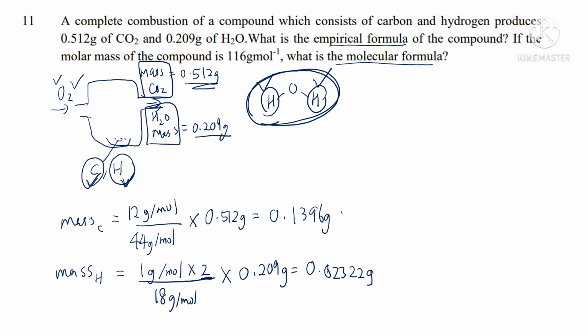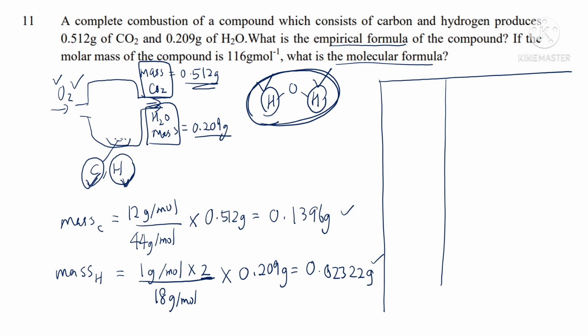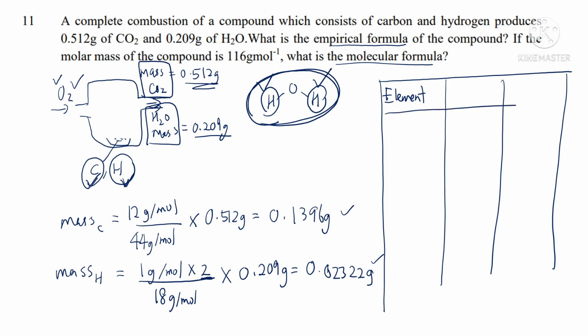After we get the mass of each element present in the compound, we can construct the table to determine the empirical formula. The first row is element. There are only 2 elements present in this compound, which are carbon and hydrogen. In the second row, we fill in the mass.